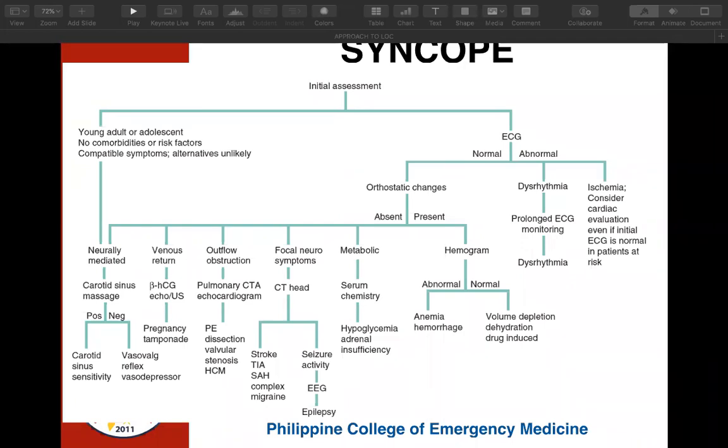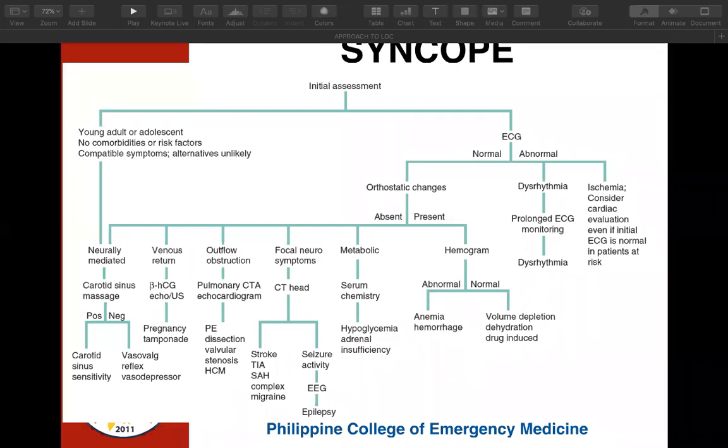If the ECG is apparently normal, you may check for orthostatic changes. If there is presence of orthostatic changes, you check the complete blood count. If the patient's count is anemic, probably the cause of your syncope is the anemia or hemorrhage. However, if it's normal, it can be caused by volume depletion or dehydration, or could be drug-induced.